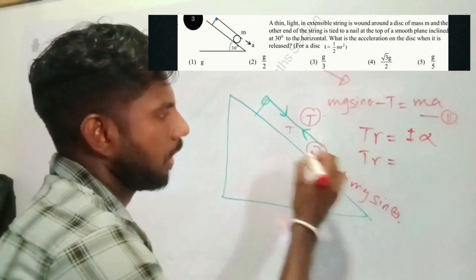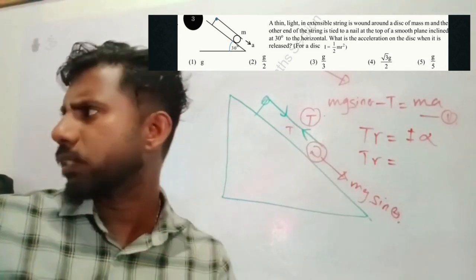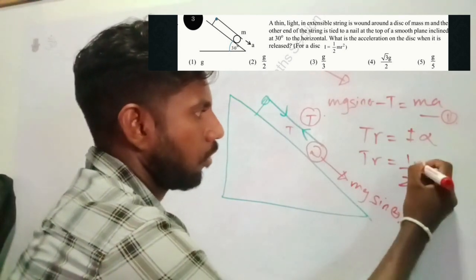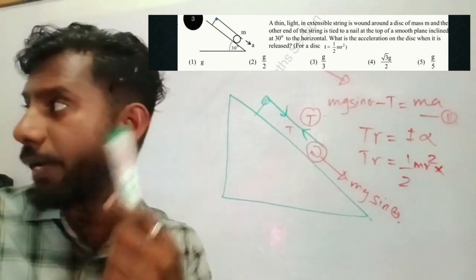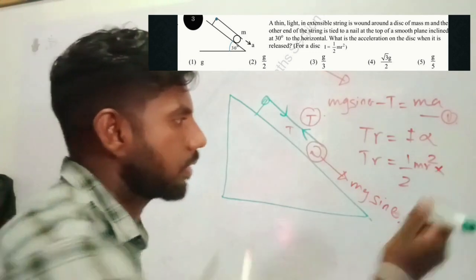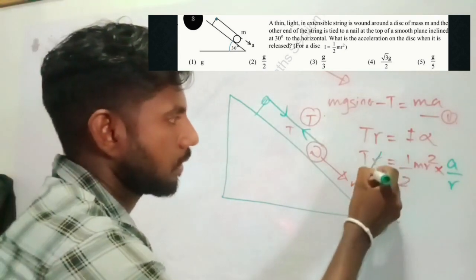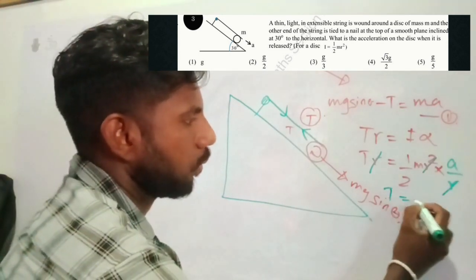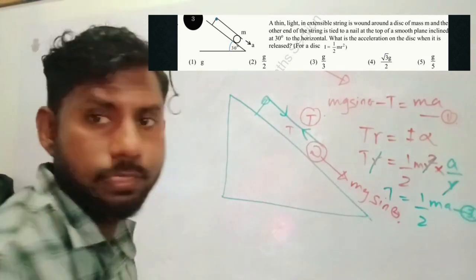T into r equals I alpha. They are giving us I is half mr squared. Just like in previous questions, we are asked to find the acceleration, so alpha is A over R. Let's do the simplification. R cancels off. So we are getting T equals half MA, right?